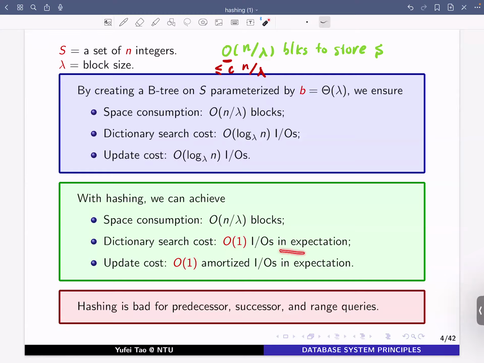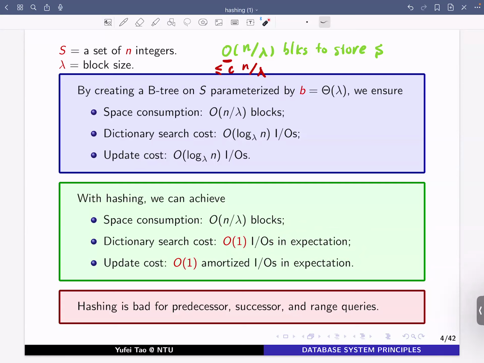So this is what we mean by saying that the dictionary search is constant in expectation. Okay, so this expectation is over the random choices made by the algorithm we use to construct the hash structure.